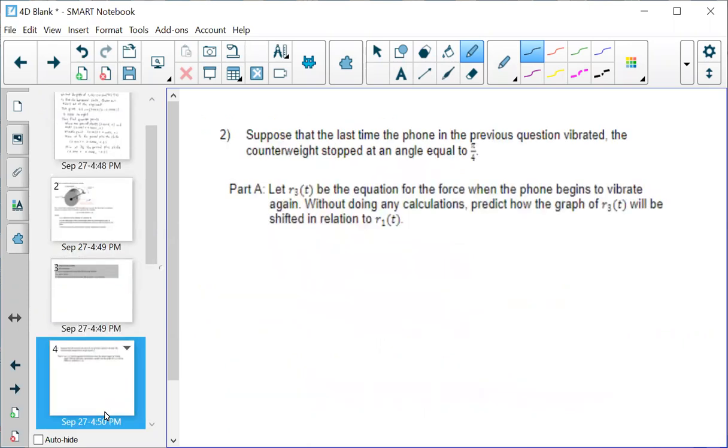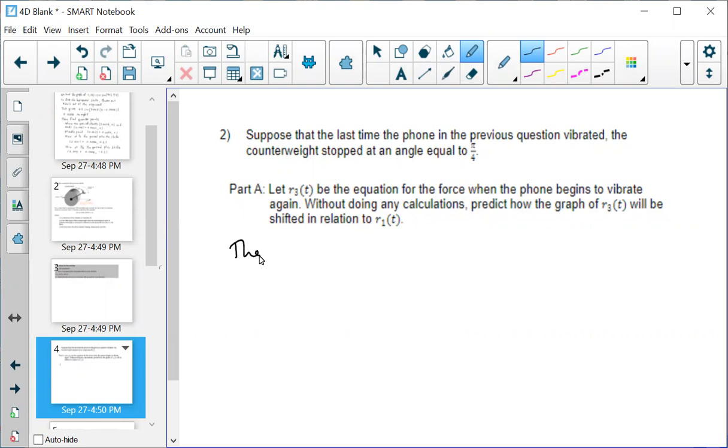Question 2. Suppose that the last time the phone in the previous question vibrated, the counterweight stopped at an angle equal to pi over 4. Part A, let R sub 3 be the equation for the force when the phone begins to vibrate again. Without doing any calculations, predict how the graph of R3 will be shifted in relation to R1.